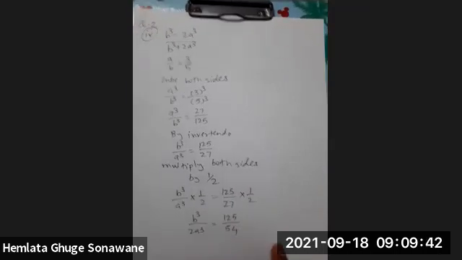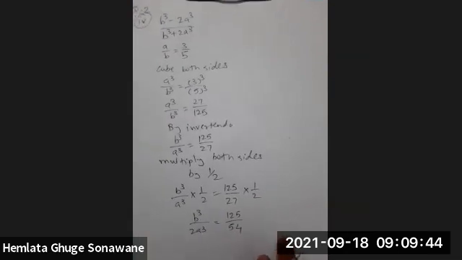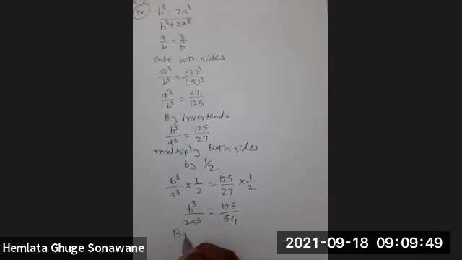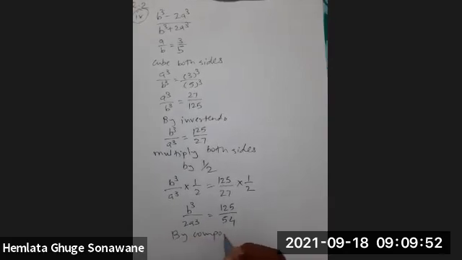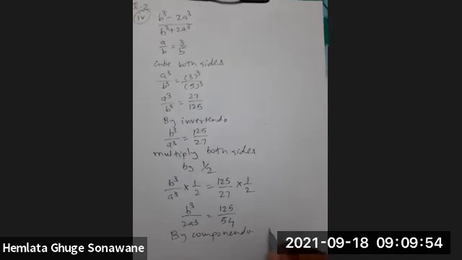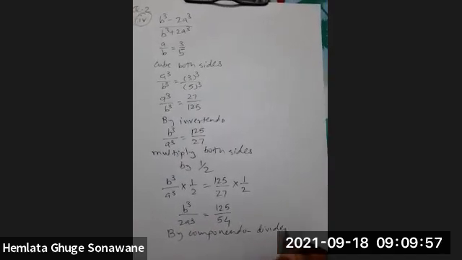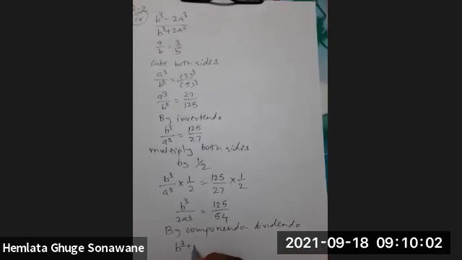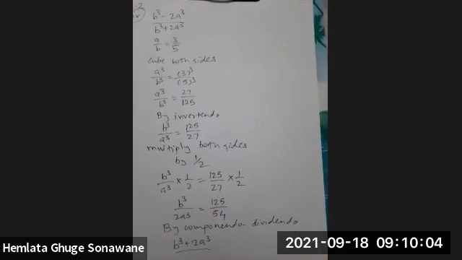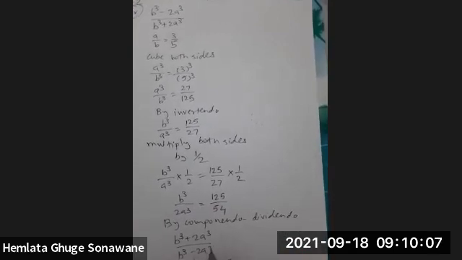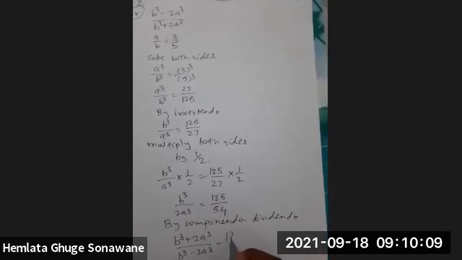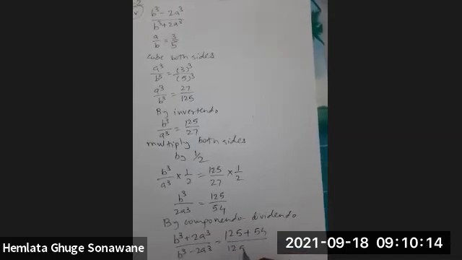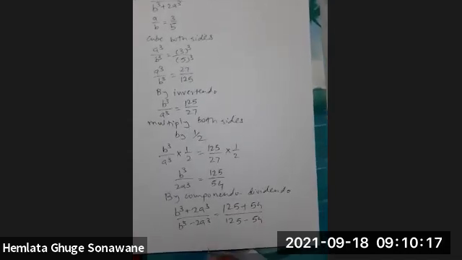Now here we'll apply the property of componendo and dividendo. So it becomes (b cube plus 2a cube) upon (b cube minus 2a cube) is equal to (125 plus 54) upon (125 minus 54).